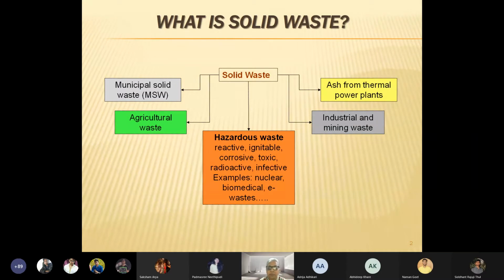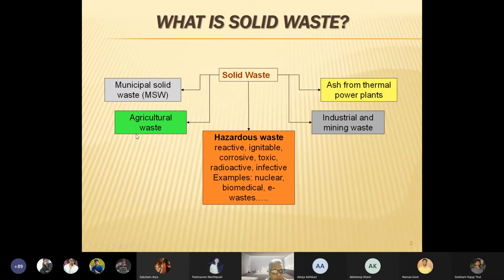So there are examples of that kind of waste material as well. So it's not a hard and fast definition, but for this reason of containerization, I've included it in solid waste. But yes, you can have hazardous materials that are not in solid form. Now, I'll make that modification.